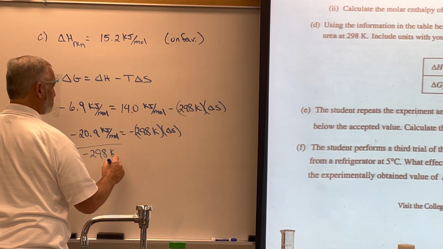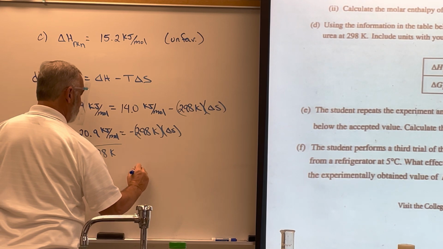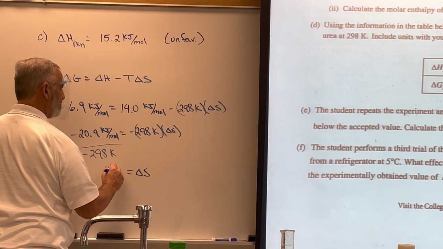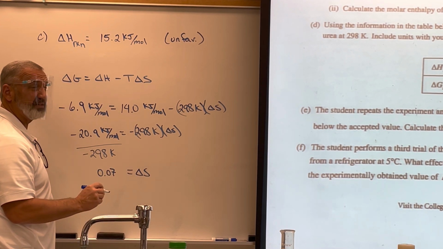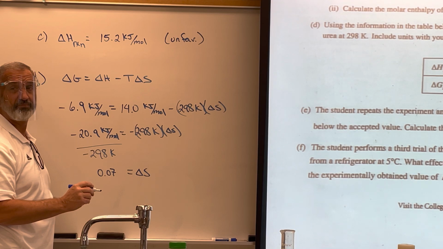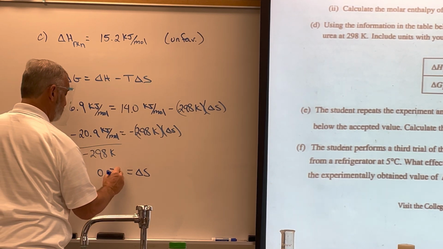Okay? And so delta S is equal to 0.0701, 3 sig figs.